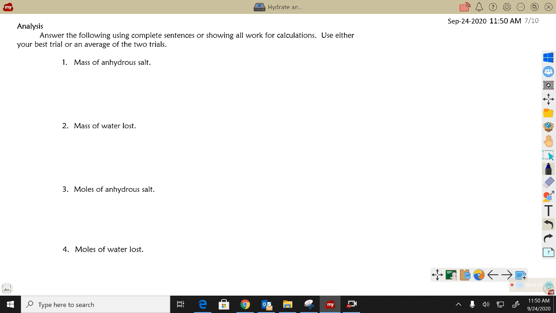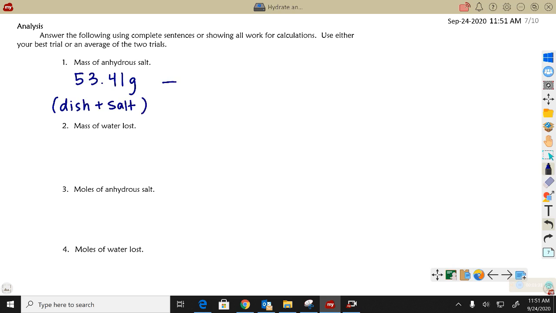Okay, so the mass of the salt. Well, where was the salt? That's what was left in the dish after heating. And so good thing we took a measurement of the original dish, right? So if I take the 53.41 grams, that was the dish plus the salt, after heating.